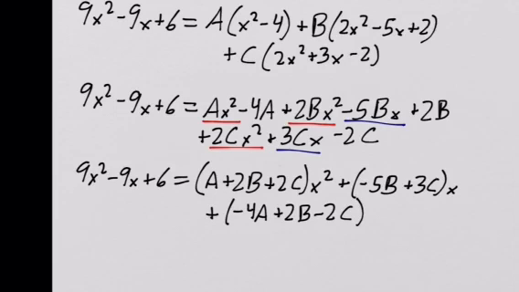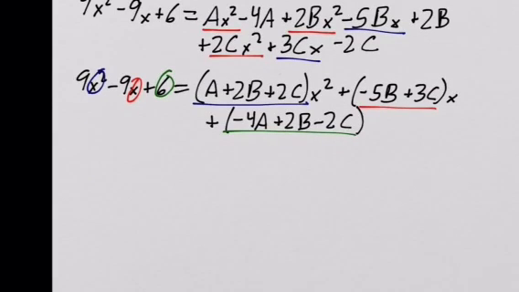Well, now the reason that I did that is that everything with an x squared is here. Everything with an x is here. And then everything with nothing after the number is here.